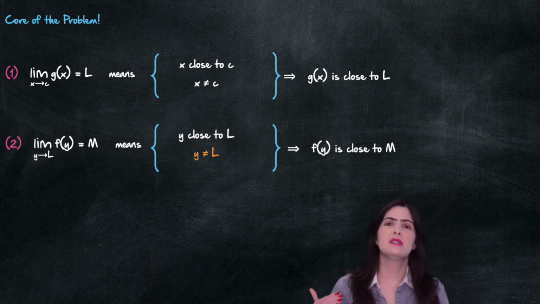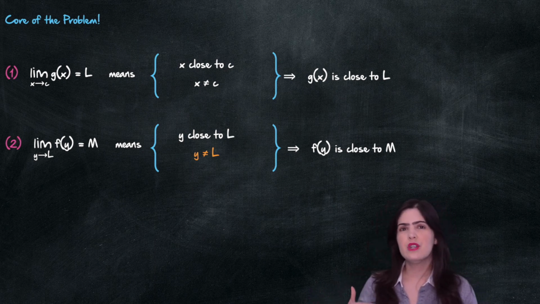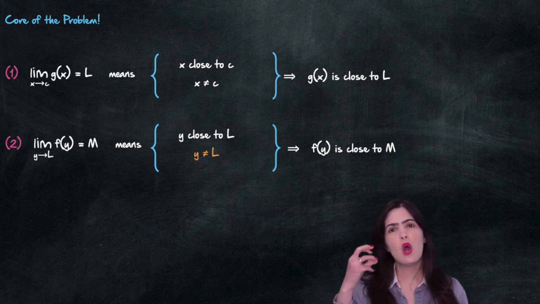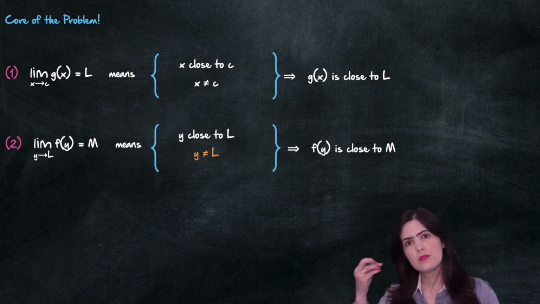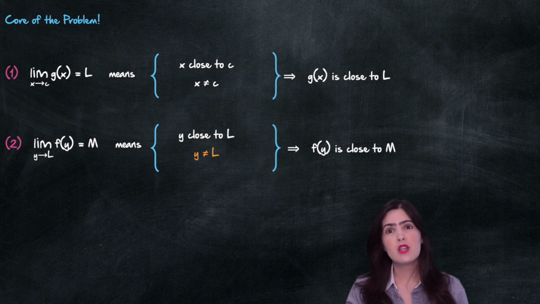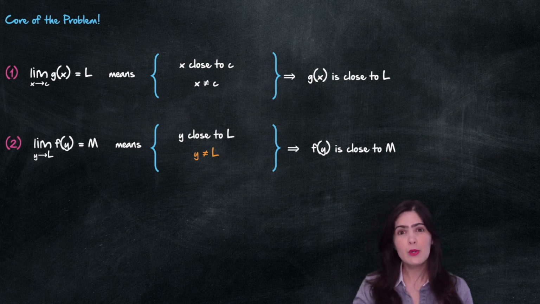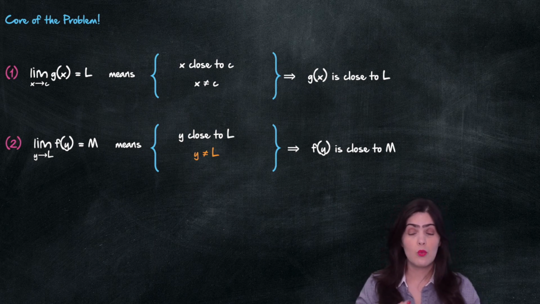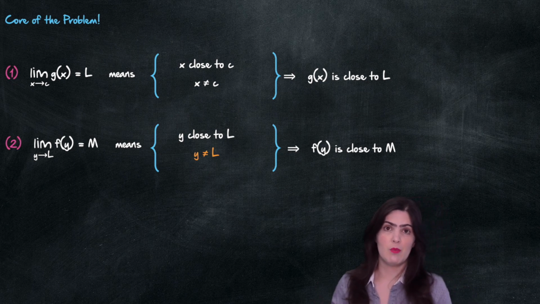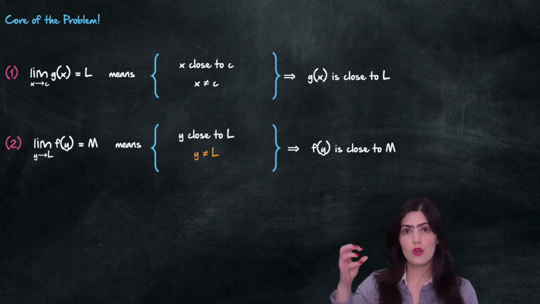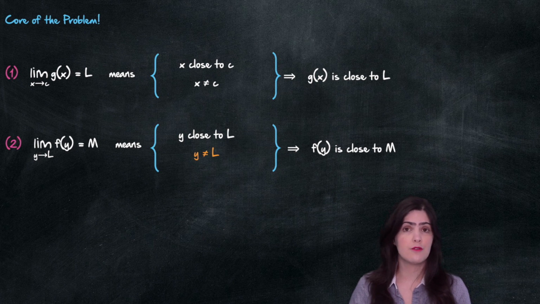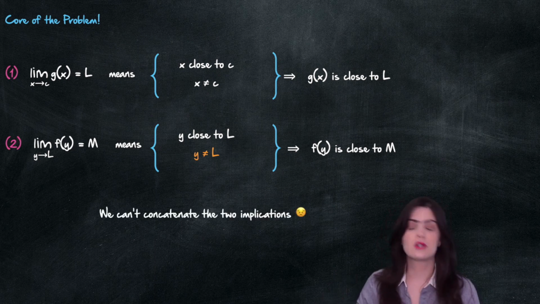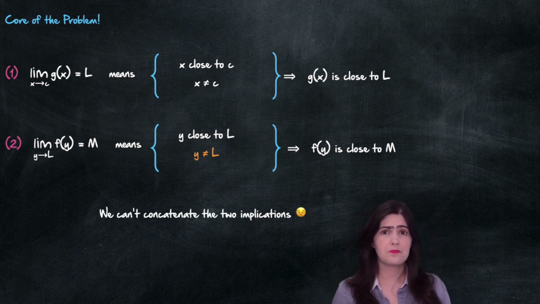And then the problem is that if I make y equal g of x, then I cannot properly plug it into statement 2, because I would not have that important condition that y is not L, since y, which is now g of x, could be L. That is a problem. It doesn't allow me to follow the chain of thought, so we cannot concatenate these implications.